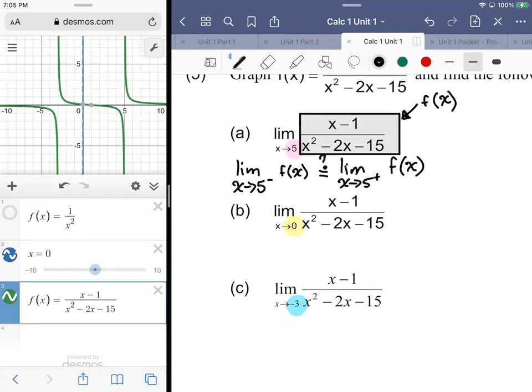All right, because if they're equal to one another, then that's our limit. If they're not, then the limit does not exist.